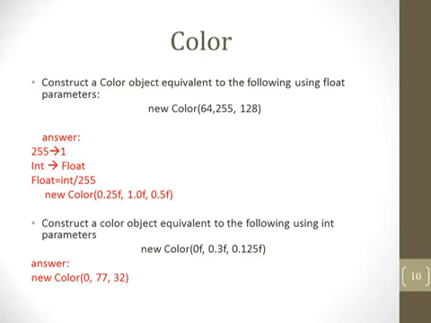Always we round the number up, we take the ceiling of the number. If it is, for example, 76.1, we will put it as 77. And 0.125 multiplied by 255 will give 32.